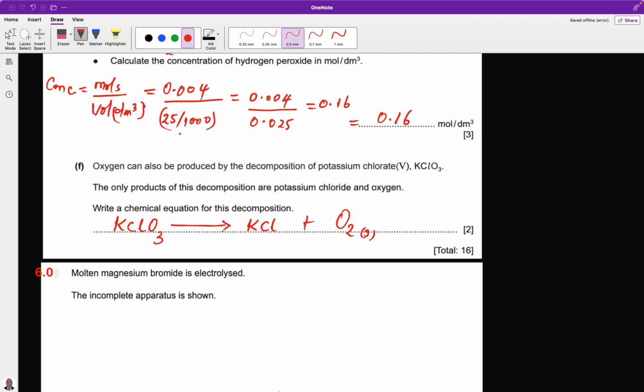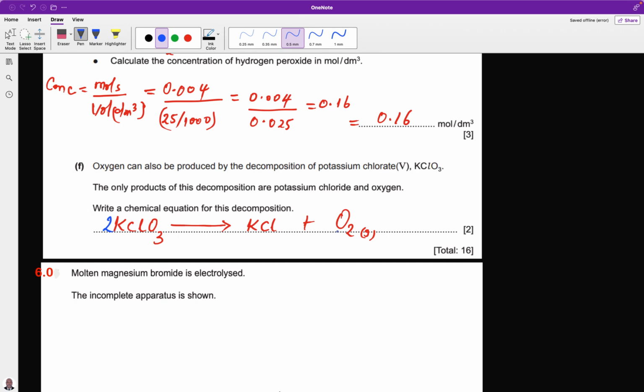Okay, balancing the equation here, we have 2 oxygen here. If I put a 2 here, we have 3 times 2 is 6 oxygen.